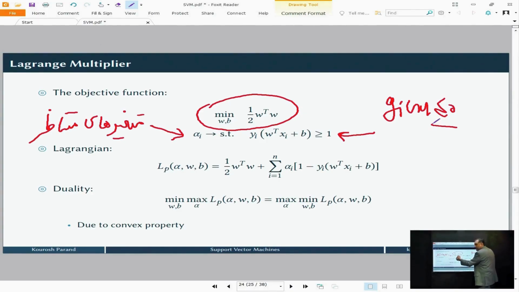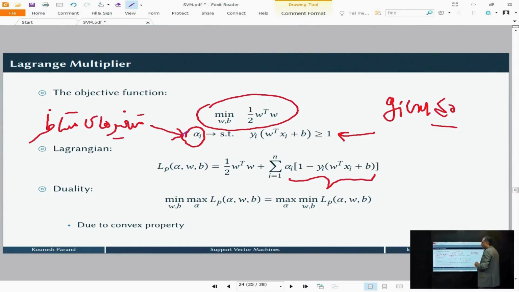Let's be precise. I write this in the form 1 minus y_i times (w transpose x_i plus b), so it takes this form: g_i(x) is less than or equal to 0. The Lagrange multipliers are the alphas. Alpha 1 corresponds to sample 1, alpha 2 corresponds to sample 2, up to alpha n, which corresponds to sample n.